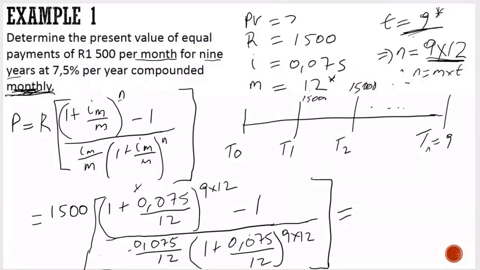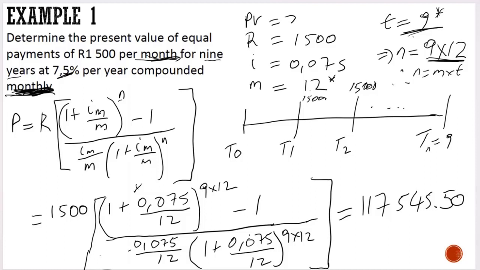So here the answer is going to be 117,545.50. So that is one example of how to calculate the present value annuity when the payment period and the compounding periods of your compound interest are similar.